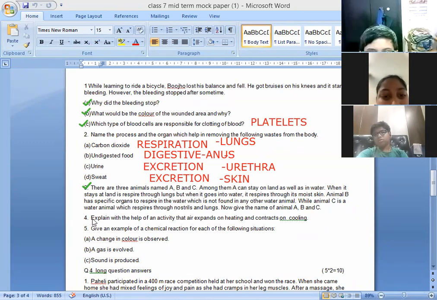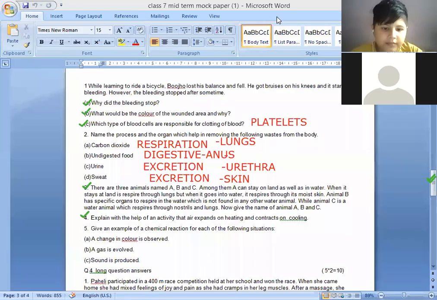Next question number 4. Explain with the help of an activity that air expands on heating and contracts on cooling. So children, give this activity. Observe the figure and see what happens. Why is the balance of the bags disturbed?